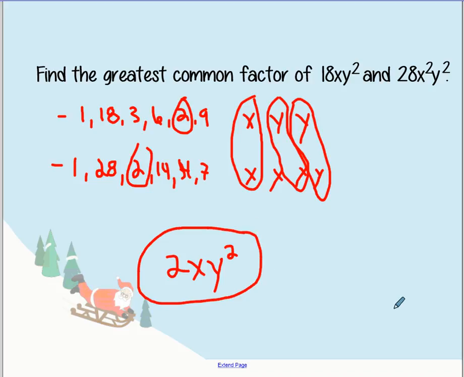Now I said that I would talk about how something can be relatively prime. For example, if I were to look at 9 and 10 and wanted to find the greatest common factor of 9 and 10, the factors of 9 would be 1, 9, and 3.